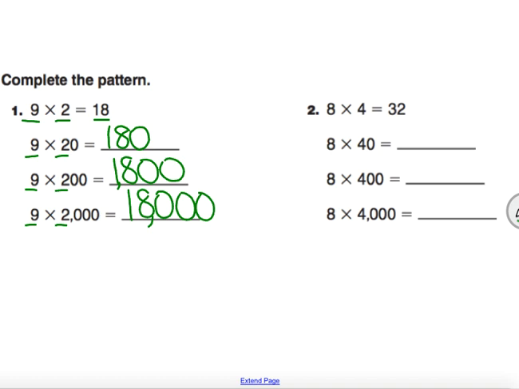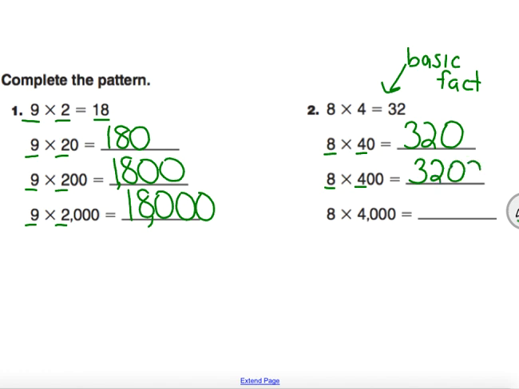Okay, looking again at number 2, 8 times 4 equals 32 is our basic fact. 8 times 4 is 32, one zero. 8 times 4 is 32, now 2 zeros. 8 times 4 is 32, and this time 3 zeros.